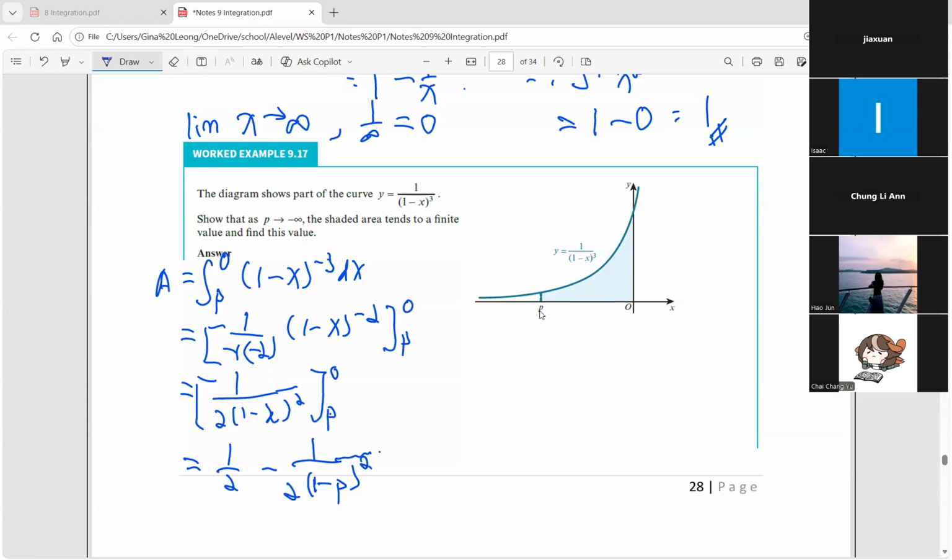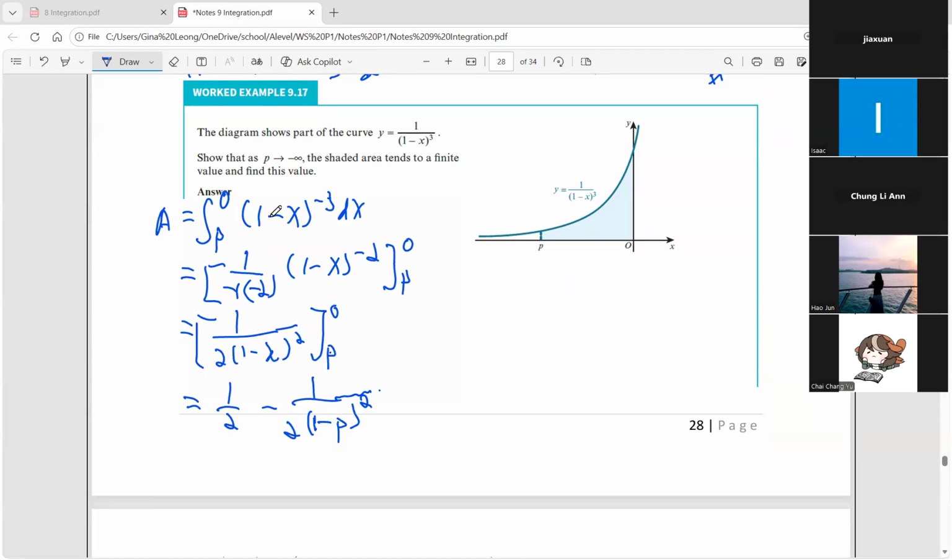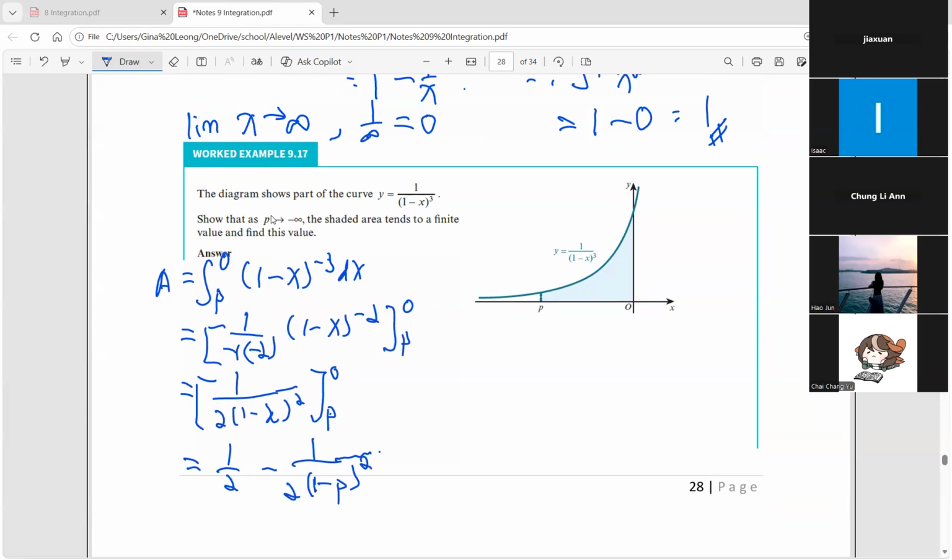So now we already come up with this. Then follow this one. He said that p approaches negative infinity. We only take this part, p only. I write down p approaching negative infinity.